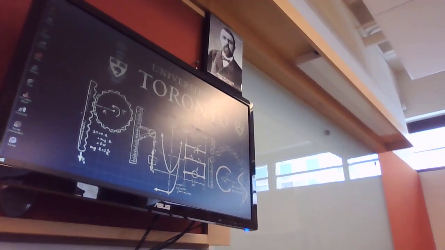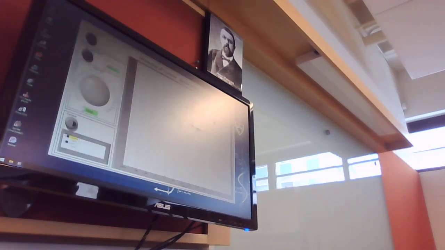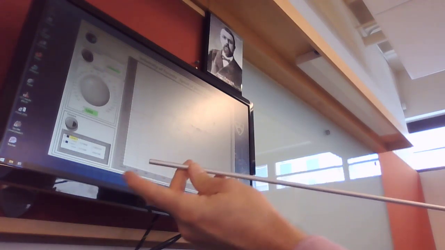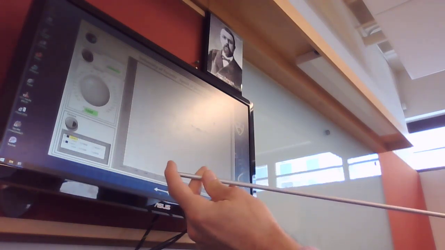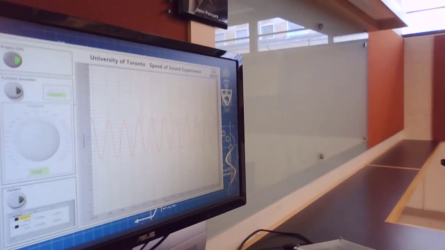And so the way you access the microphone is you go to LabVIEW Shortcuts and click on Speed of Sound Tube and click on Acquire Data. And now it shows you what's going on with the microphone. So if I hit it, you get these clicks there. If I actually insert it into the tube, you can see these waves.